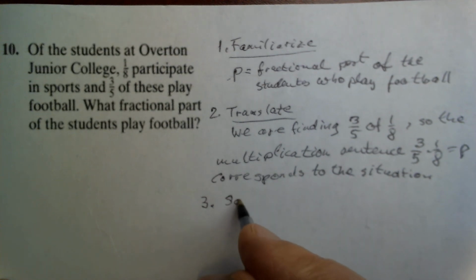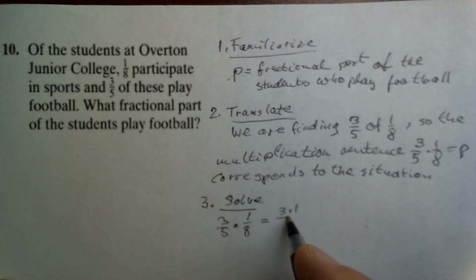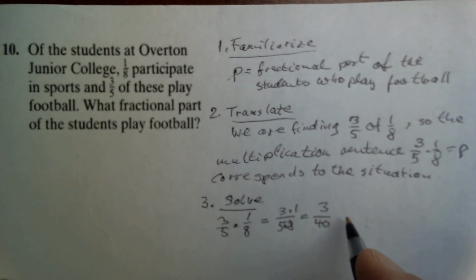And number 3 is to solve. So we multiply 3/5 times 1/8, which is 3 times 1, divided by 5 times 8. 3 times 1 is 3, and 5 times 8 is 40.